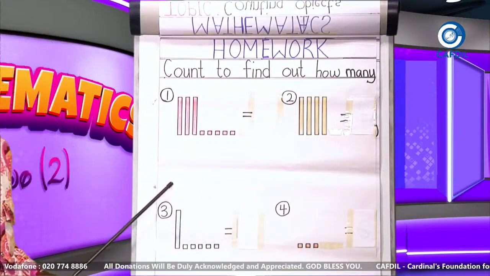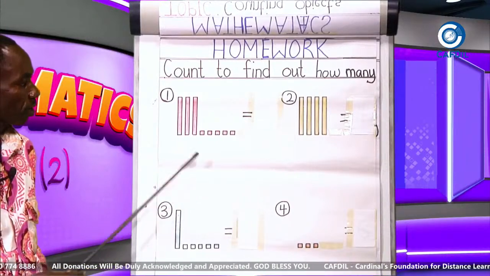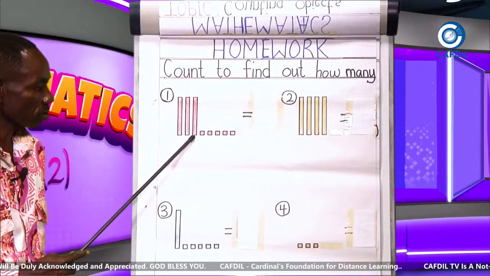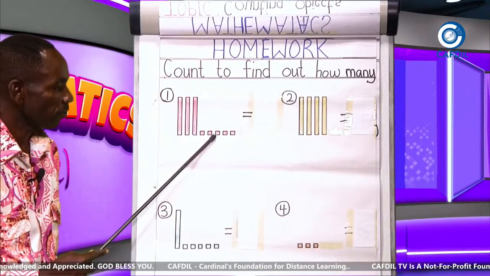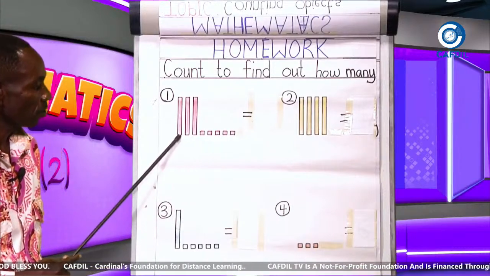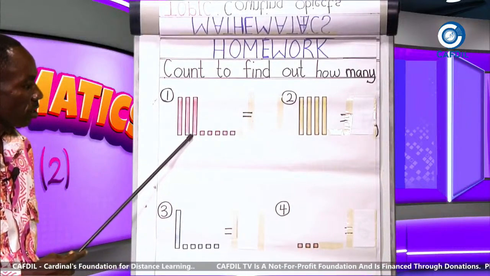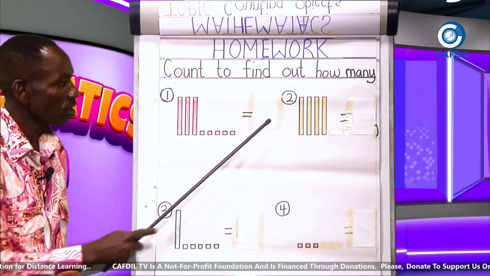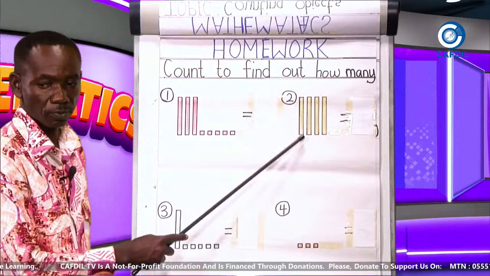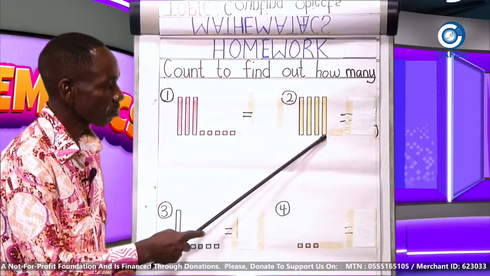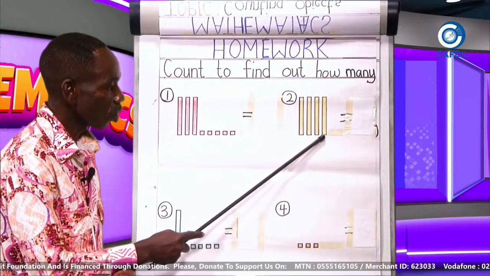Let's go through the homework one more time. Number 1, 3 longs and 5 cubes. Number 2, 4 longs.